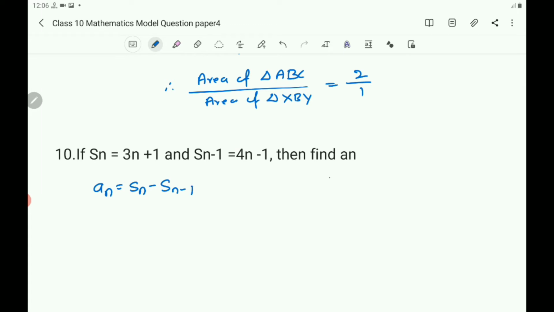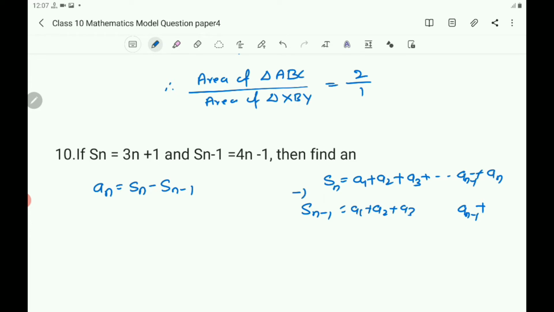You know that Sn means A1 plus A2 plus A3 plus so on plus An. Sn minus 1 means A1 plus A2 plus A3 so on plus An minus 1. And you know that the previous term of An is An minus 1.